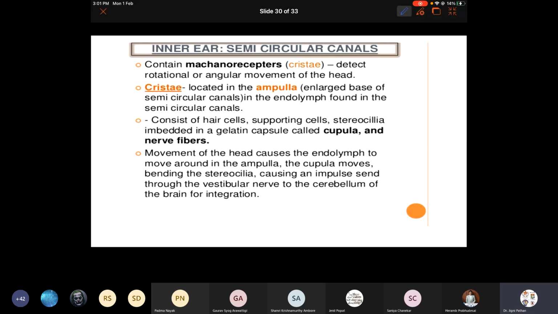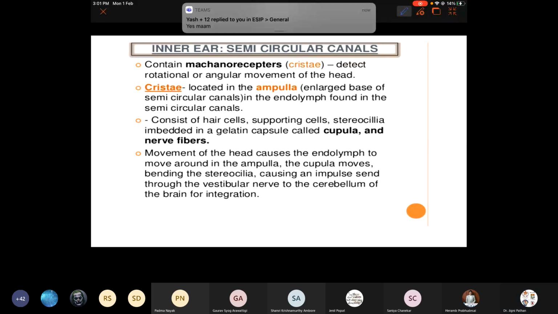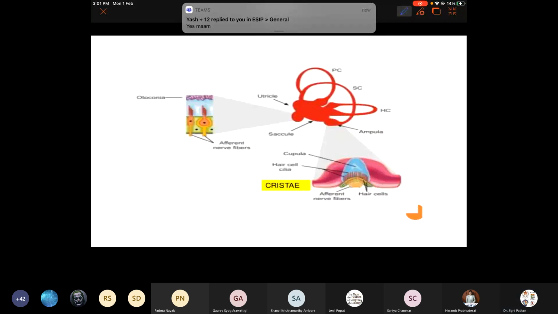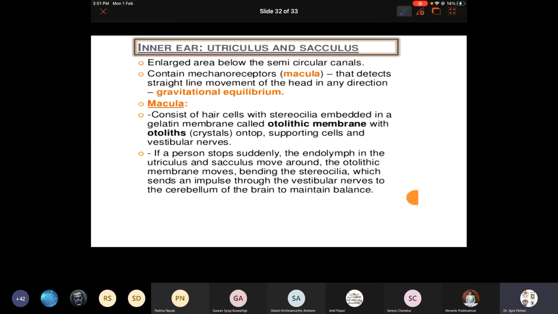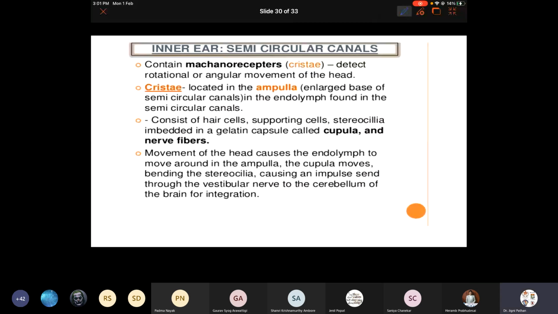Next, the inner ear contains mechanoreceptors that help in balancing. Cristae is one, and the next one is macula. There's cristae and macula.